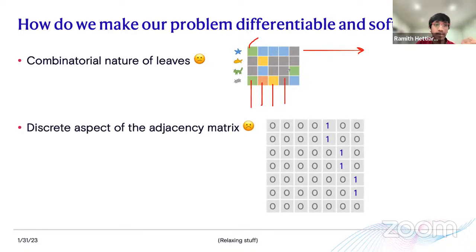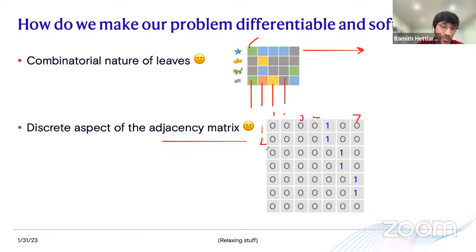The other one is the discrete aspect of the adjacency matrix. Any graph can be represented by an adjacency matrix where each index represents a node number, let's say 1, 2, 3, 4, 5, 6, 7.